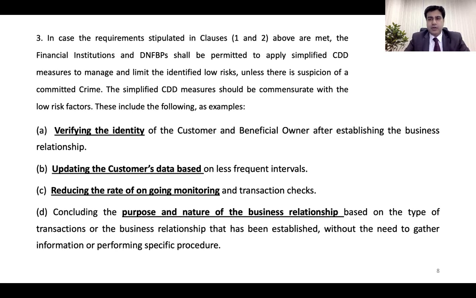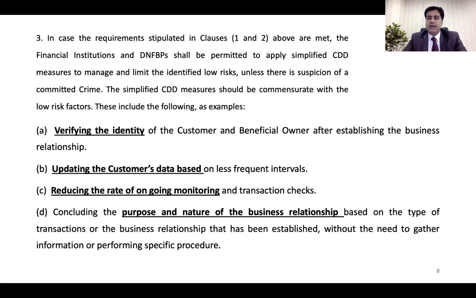Now, unfortunately, UAE has a 1-year life cycle of a trade license, so we have to get the trade license renewed. But yes, if it's an individual and his visa is valid, Emirates ID is valid, we can go for the period for which the visa is extended. Again, going back to the risk management, going back to the policy and procedure, what is documented has to be looked into. Now, reducing the rate of ongoing monitoring.